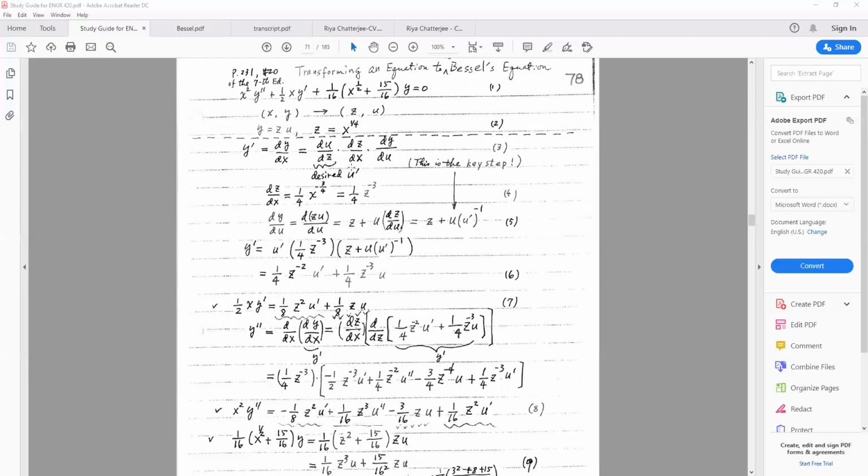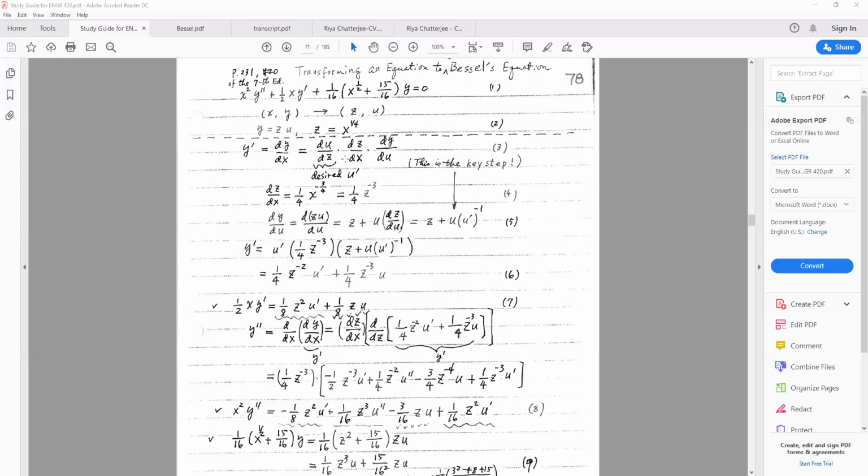So make sure we can get this expression. It's nothing but the chain rule, replacing the new dependent variable and the independent variable by the transformation rules. And then we have to take care of one term at a time.